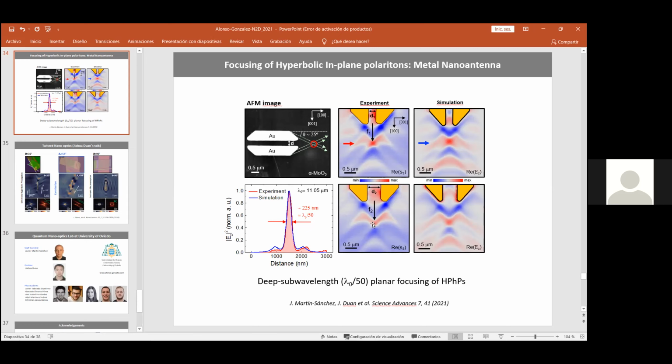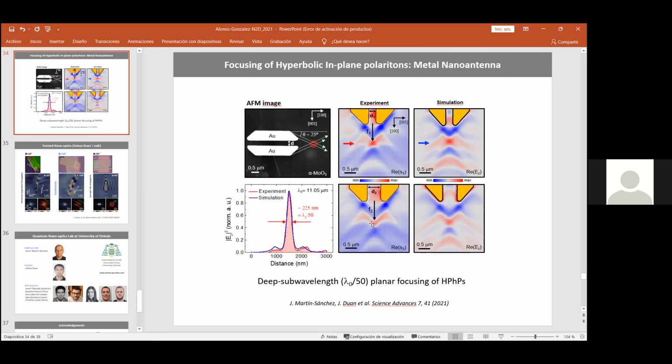So if you have two polaritons that launch and they focus at one point, the intensity at that point is similar in this case to the intensity of the initial phonon polariton, okay? But the size of this spot is much larger than the one that we have at the focus. So we did this profile along this direction, to show that because that way we could measure the width of the focus nicely. The other case is like a decaying exponential, and then we have the focus as well, but it's more difficult.